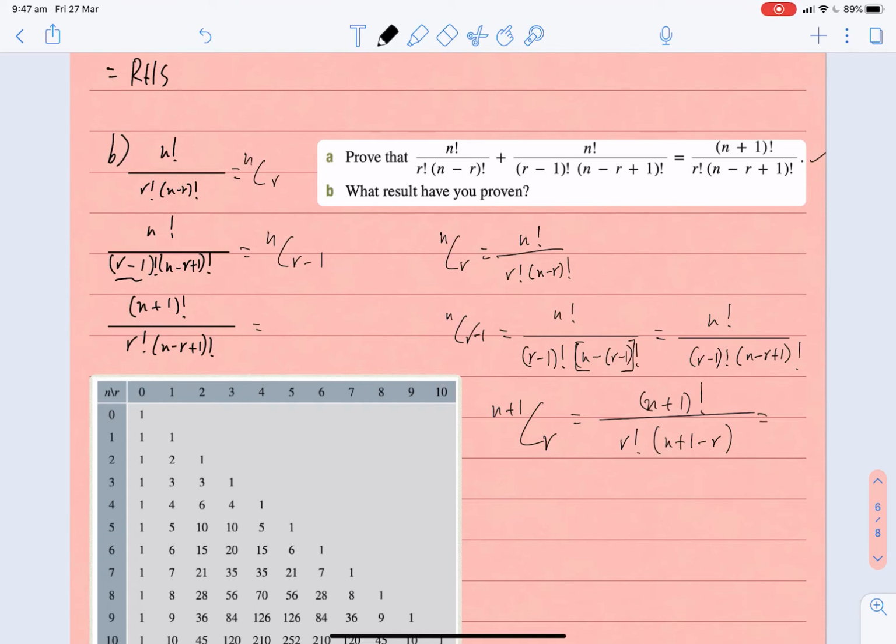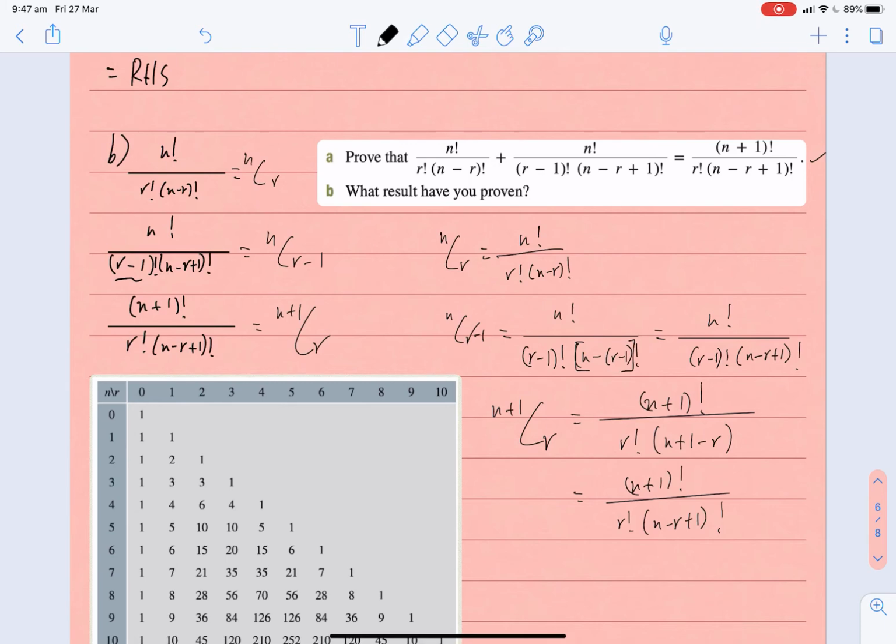If you rearrange the bottom, you get (n plus 1) factorial over r factorial times (n minus r plus 1) factorial, which is exactly here. So n plus 1 choose r.